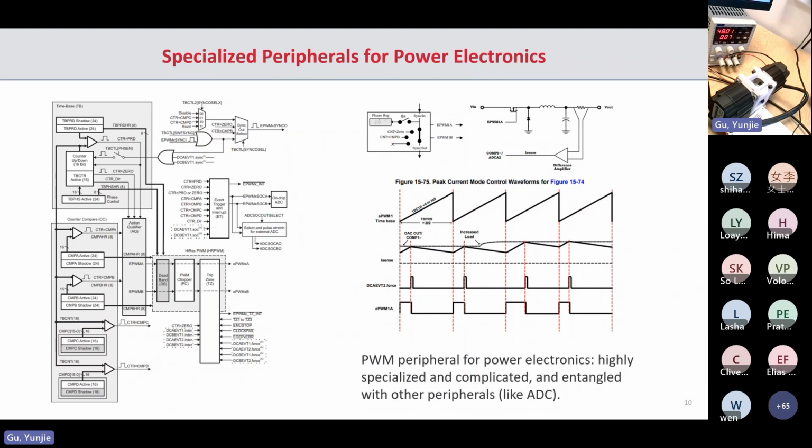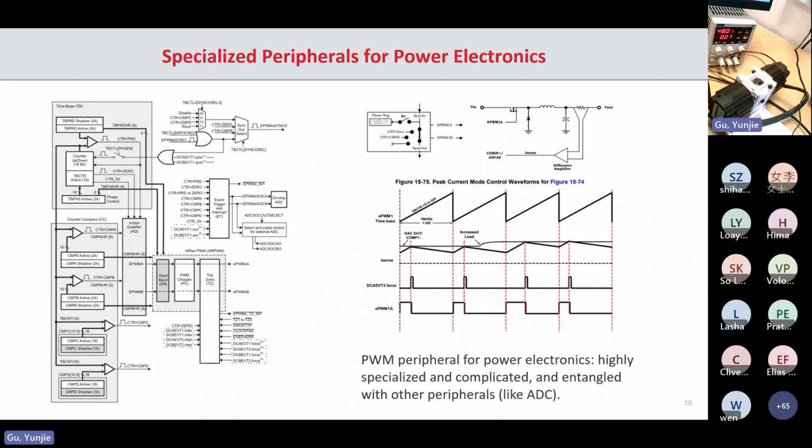And if you click into each of these subsystems, there is another block diagram. So there are a lot of registers to be configured, and different modes, which is quite different to the standard peripherals, like the ones in ARM Cortex-M4.